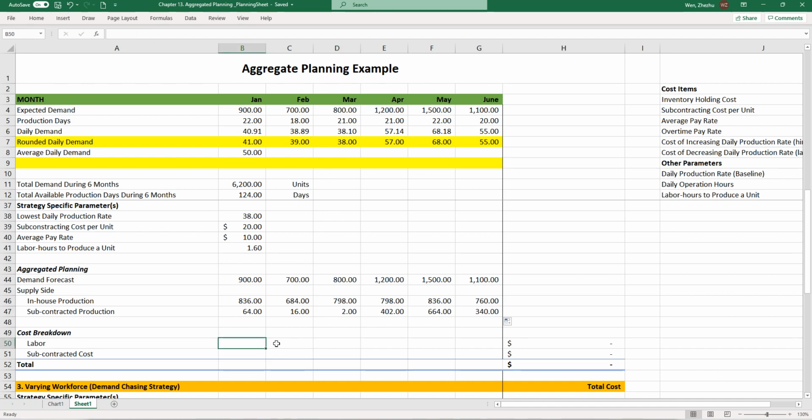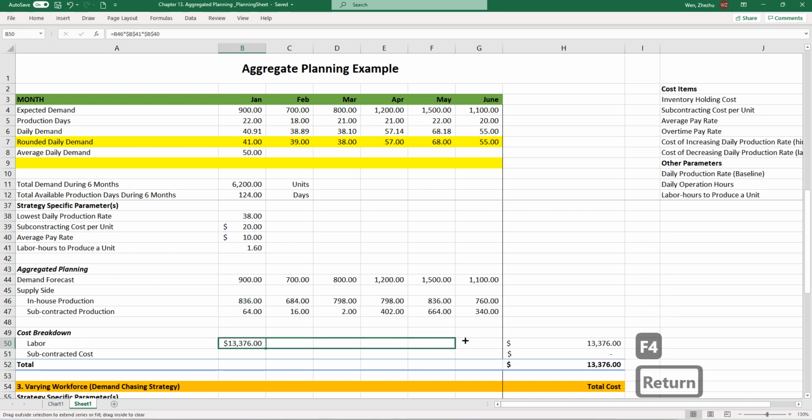And for the labor, it's going to be the same. Quantity times hour, absolute referencing, with compensation rate, absolute referencing. Do that. Okay, it's very simple and straightforward.